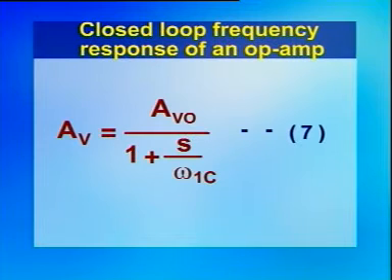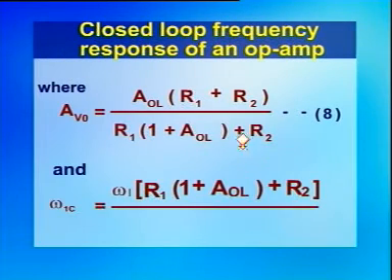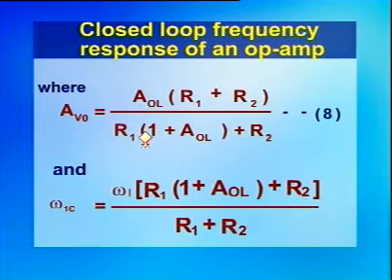After simplification, we get AV equal to AV naught by 1 plus s by omega 1c, where AV naught is equal to AOL into (R1 plus R2) by R1 into (1 plus AOL) plus R2, and omega 1c equal to omega 1 into (R1 into (1 plus AOL) plus R2) by (R1 plus R2).